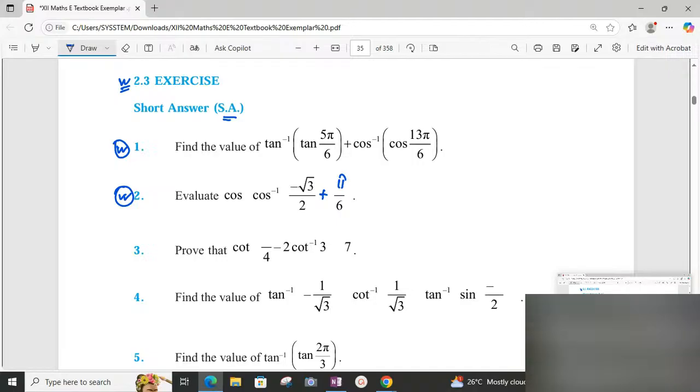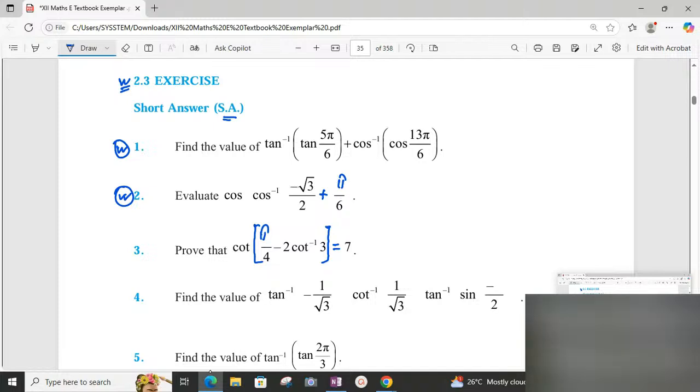We have question number 3, and this is to prove that cot inverse pi by 4 minus 2 cot inverse 3 equal to 7. So this is question number 3. Similarly, we can solve this question too.